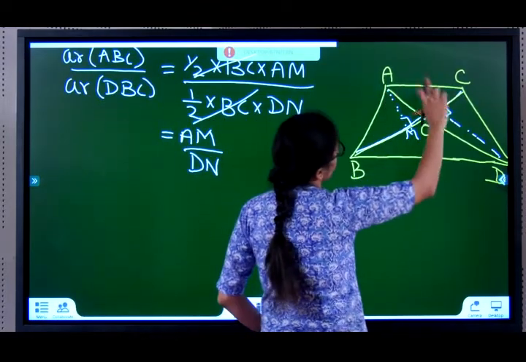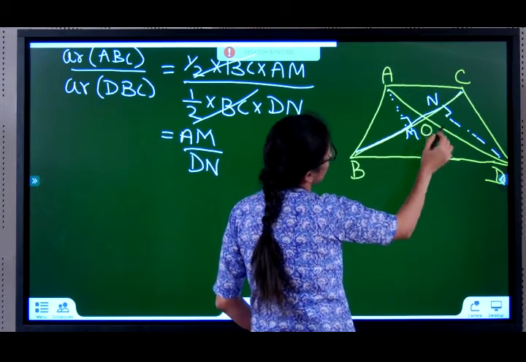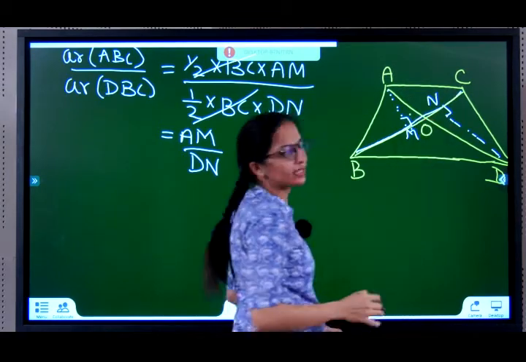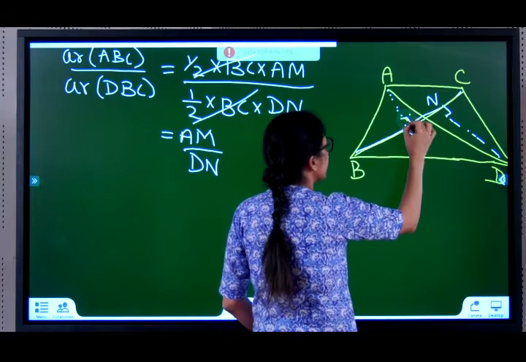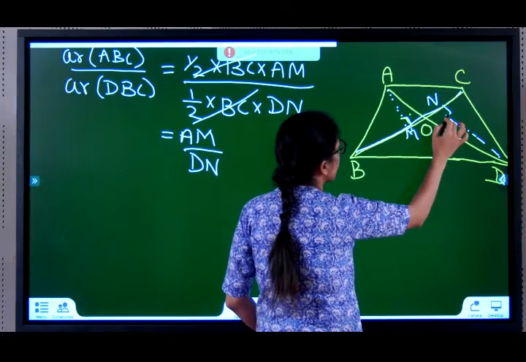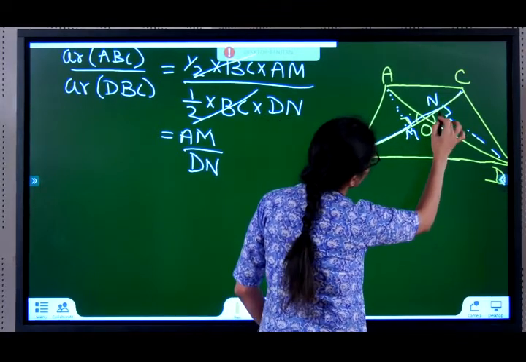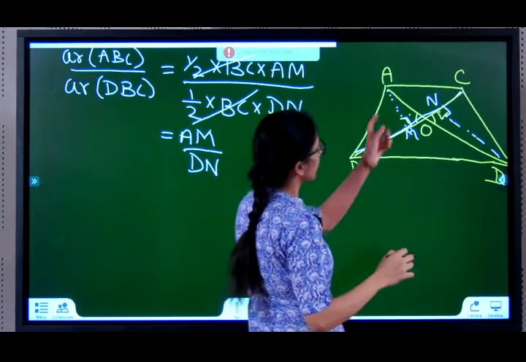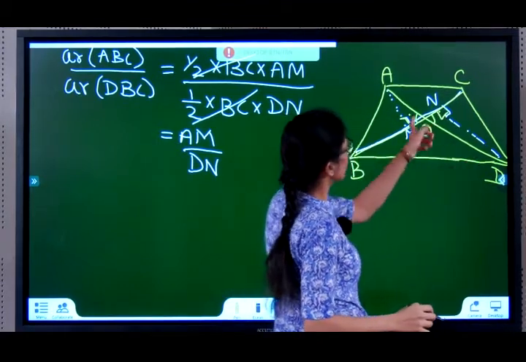If I want to say AM by DN is equal to AO by DO, I have to prove this triangle and this triangle are similar. How do I prove that? This is 90, this is 90, and these two are vertically opposite. By AA, can I say AMO is similar to DNO? Yes.